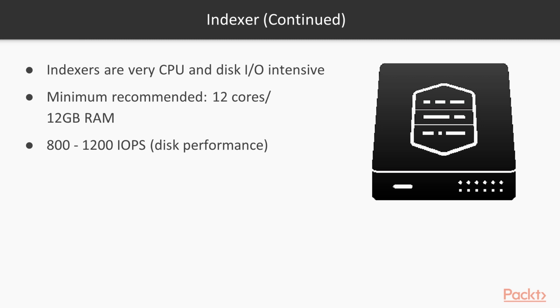Other Splunk apps, such as the Enterprise Security Suite, actually have even higher indexer requirements, such as 16 cores or 32 gigs of RAM. Likewise, if your disk performs poorly, it will not work well for Splunk. And you definitely want to avoid using NFS because that's not supported for indexing data and reading it.